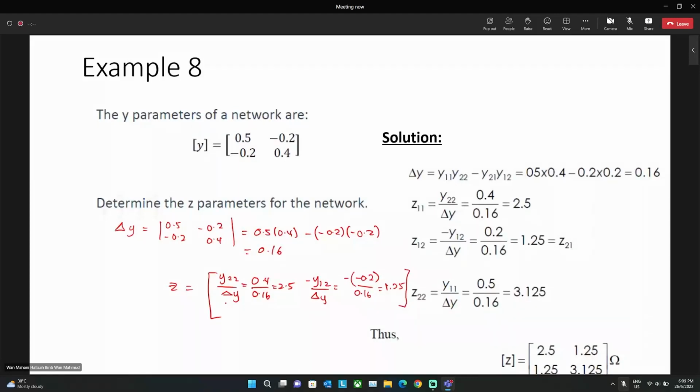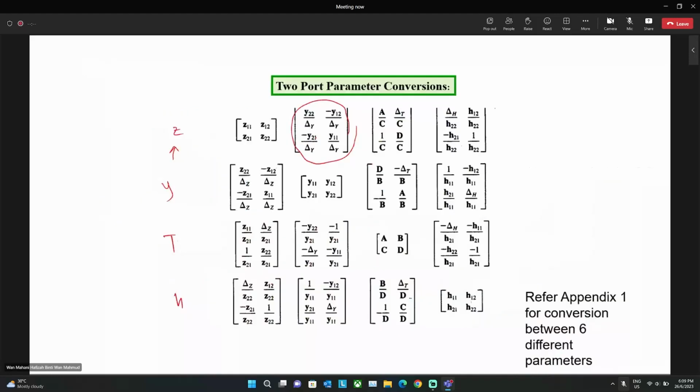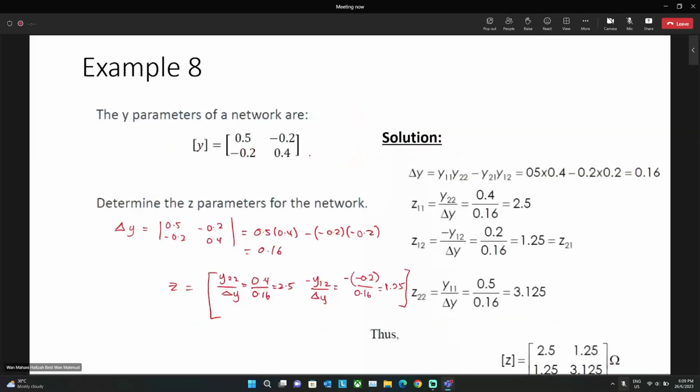Okay. Cari pula untuk Z21. Sorry. Z21 is negative Y21 divide with delta Y. Negatif Y21 berapa? Negatif negatif 0.2 bahagi dengan 0.16 which is delta Y, dapat sama 1.25.